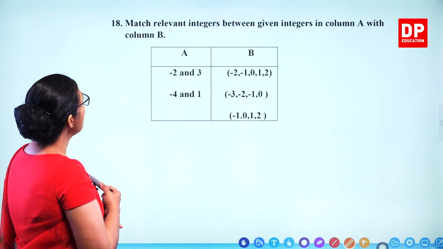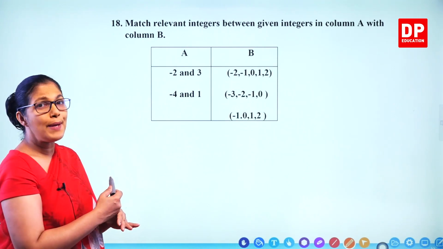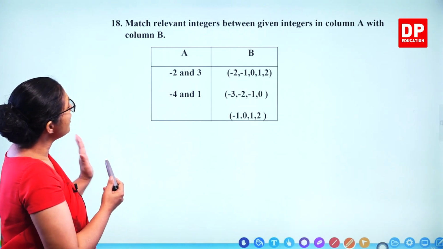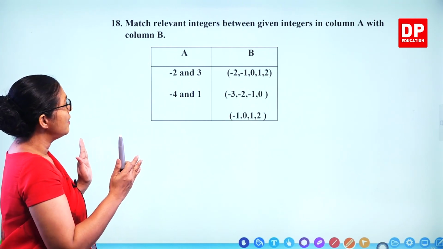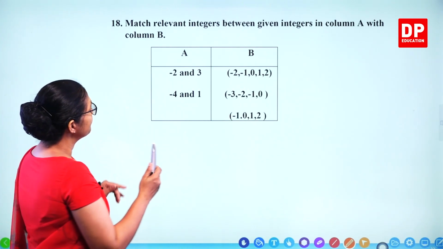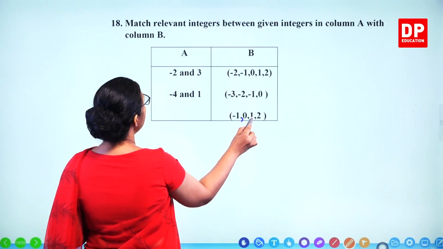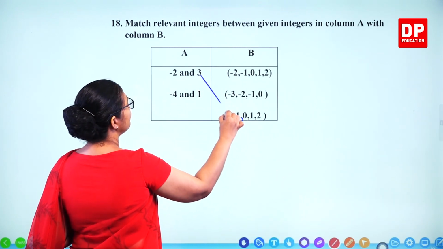Question number 18. Match relevant integers between given integers in column A with column B. Integers in between -2 and 3. So -2 and 3 not included. So -1, 0, 1, 2. So this is okay for this one.